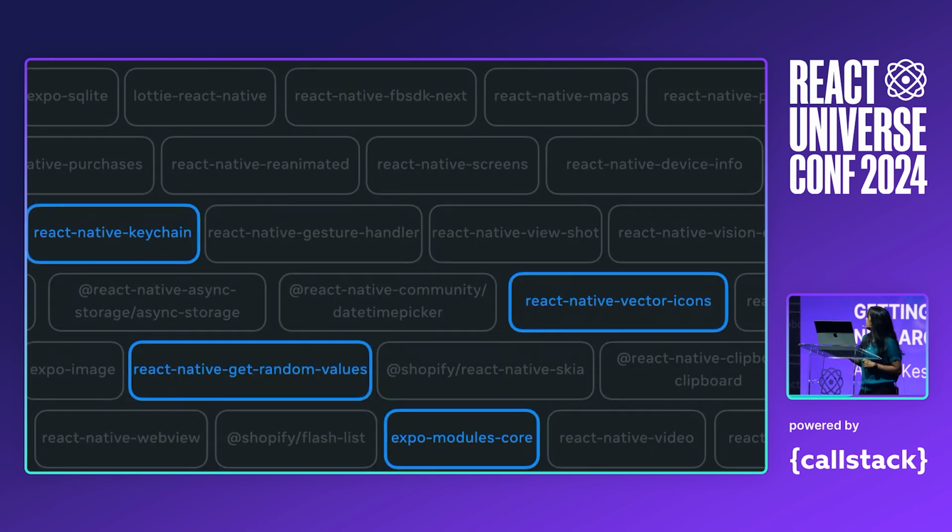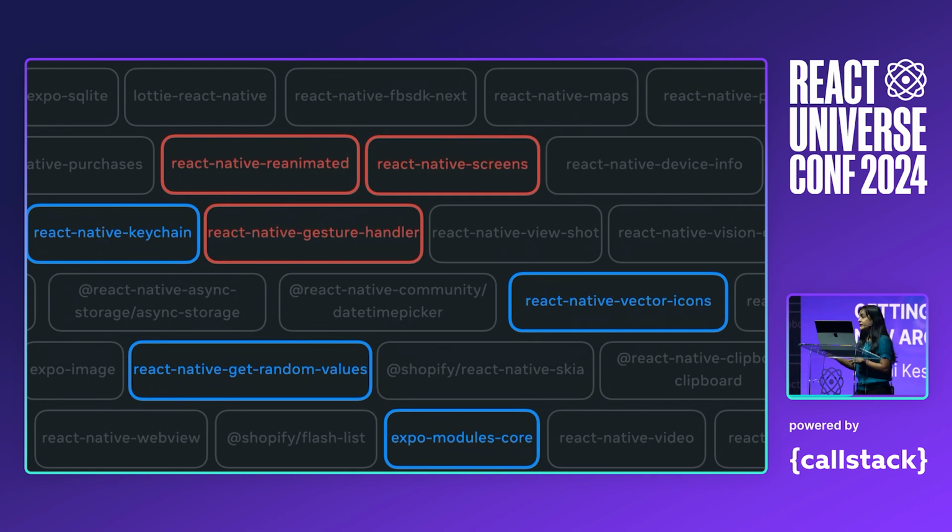So these are examples of the libraries that have been migrated to the new architecture. And we are really grateful to the early adopters who actually migrated their libraries. They not only helped us identify issues with the new architecture, but they also fixed some of those in the process. For example, these libraries by Software Mansion: React Native Reanimated, Screens, Gesture Handler.